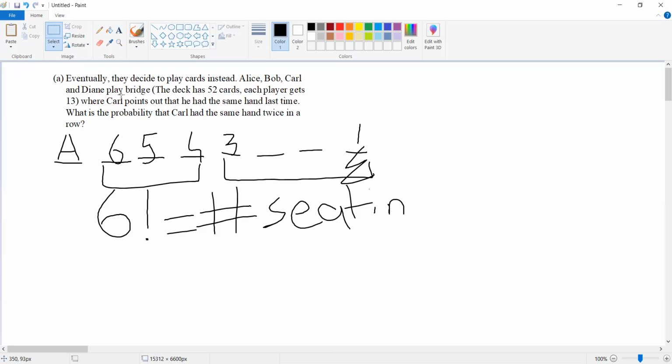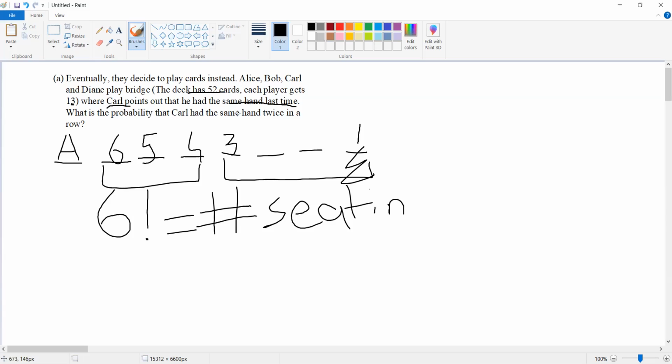They play a game called Bridge in which the deck has 52 cards. Each player gets 13. One opponent claims that he has the same hand that he had last time. By hand, I mean the player gets a certain combination of cards, and he is saying he got the same combination that he got last time. So what I want is to know the probability of such an event occurring.